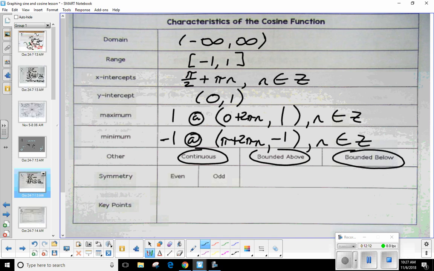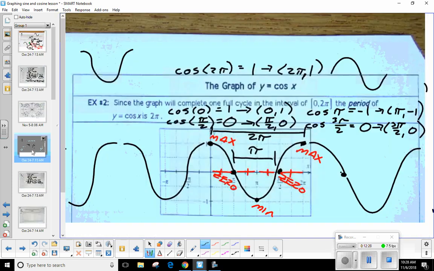If I can fold the graph along the y-axis, if two parts come together perfectly, that's even symmetry. What does odd mean? That means rotational symmetry. How far would I rotate it? 180 degrees. So if I'm looking at the graph of cosine, can I fold it along the y-axis, or would I rotate it to be symmetrical?